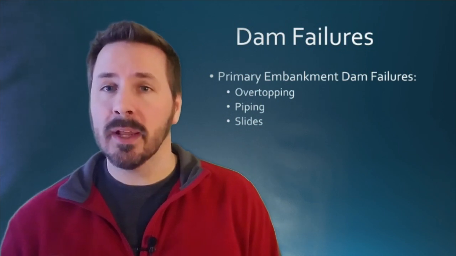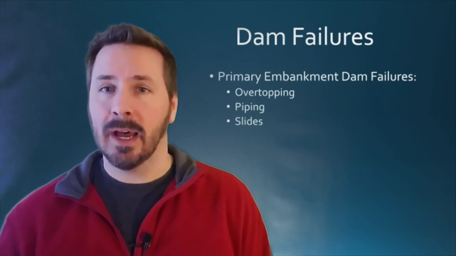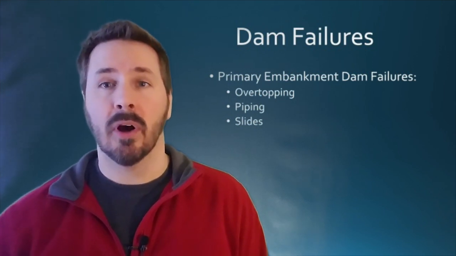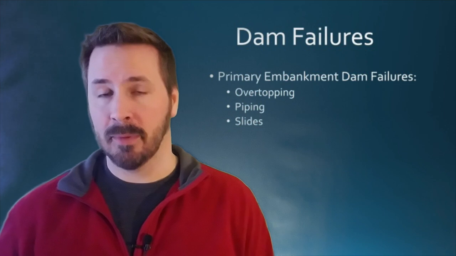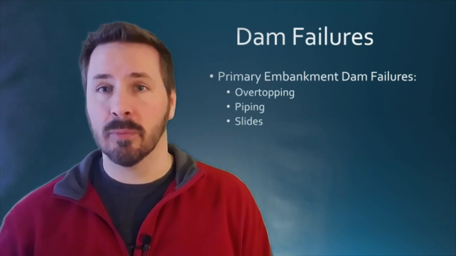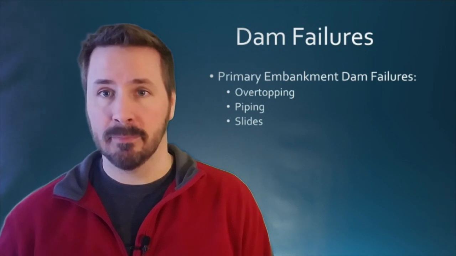We've got a few animations here that are going to show the most common ways that earth embankment dams can fail. These include overtopping of the embankment by extreme flood events, which can cause erosion and eventual breach and failure of the dam.